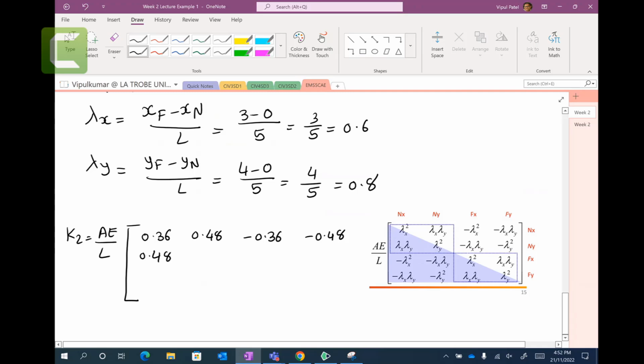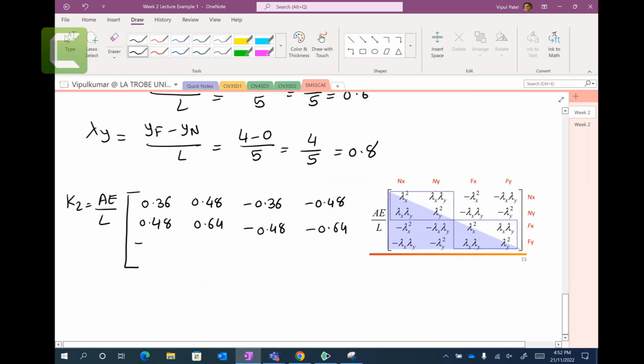Lambda y square, 0.64, minus 0.48 and minus 0.64, minus 0.36, minus lambda x lambda y, so minus 0.48, and so on, with this one 0.48, and this one 0.64.